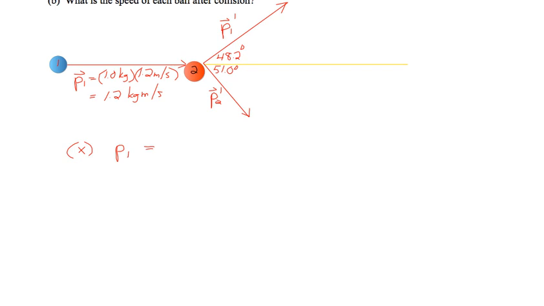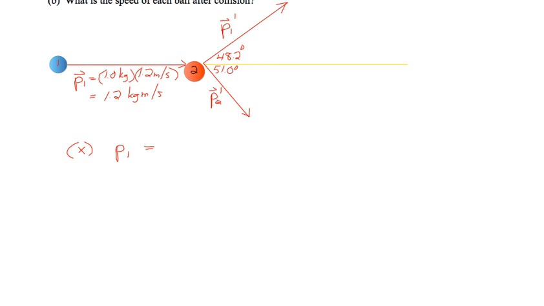Now after collision, I only want the x components of my 2 vectors. So again, this is the adjacent side, that's the opposite side, that's the hypotenuse. For the other vector, that's the adjacent, that's the opposite, and that's the hypotenuse. So I want the adjacent components of these 2 vectors. Those will be my x components.